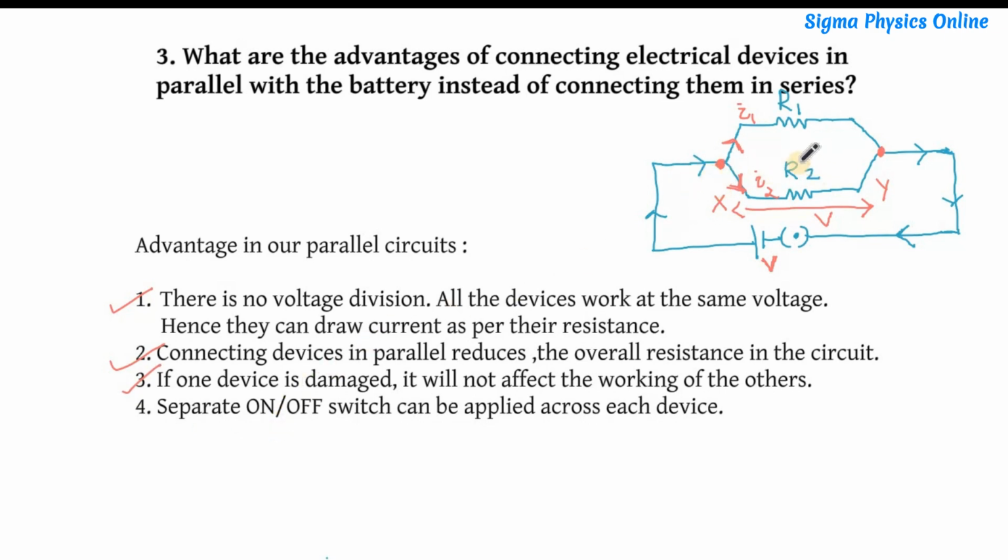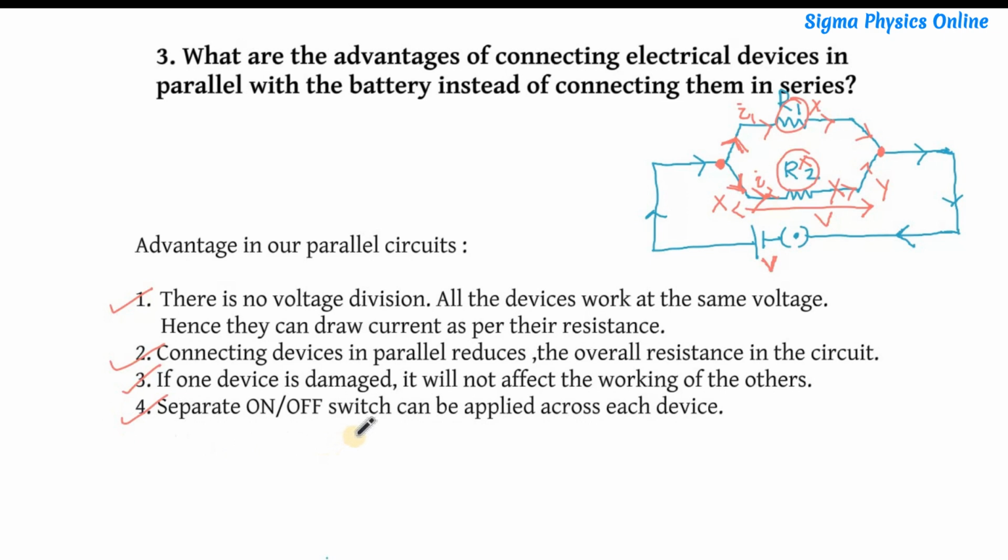That is, if let's say this R2 is damaged, there is some fault in this device, there will be no current in this branch, but the current will pass through the resistance R1 without any hindrance, and the device will continue to work. Similarly, if R1 gets damaged, then the current will pass easily through R2, and hence each device works independently of the others in a parallel circuit.